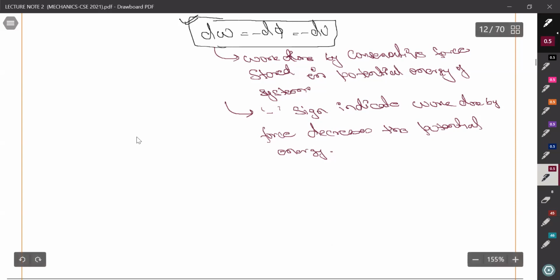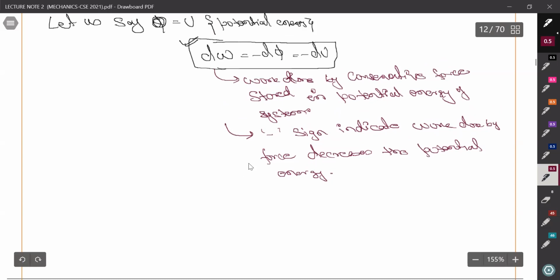derive this equation. So what can we write? What is dW? So we can here write that delta W is equal to what? Delta T, we have already discussed, and this is equal to what?